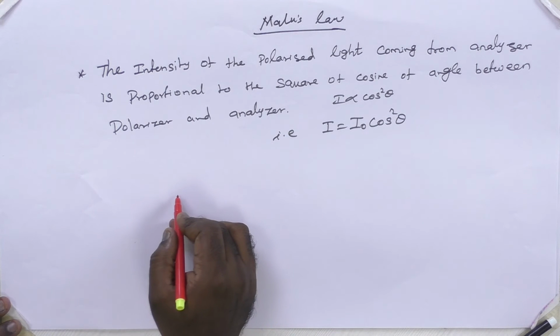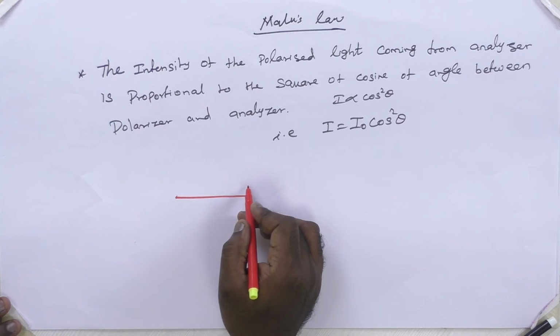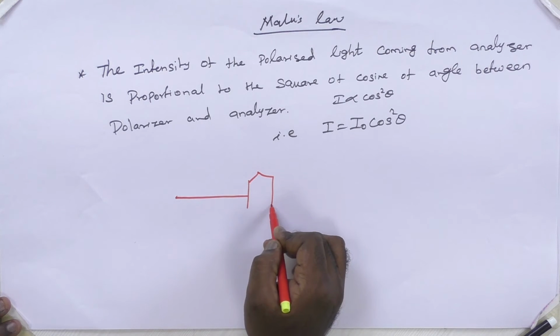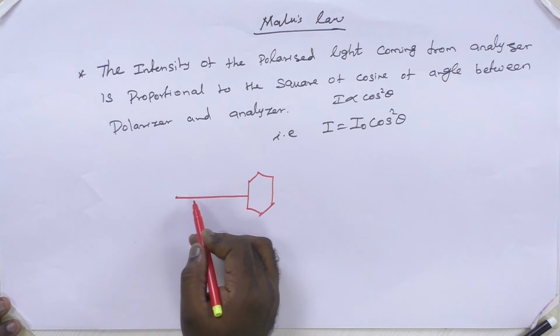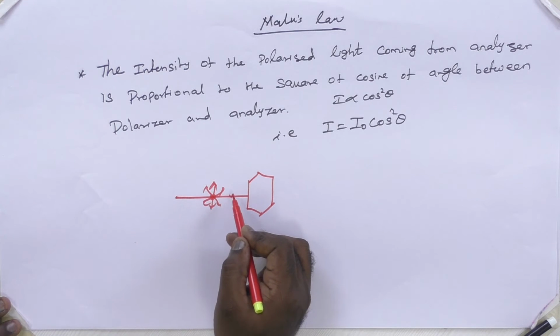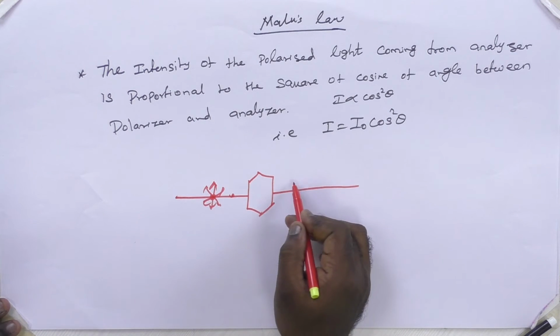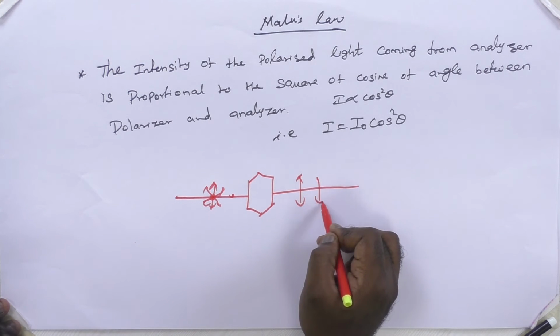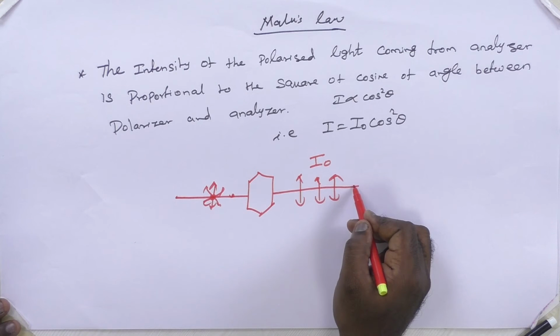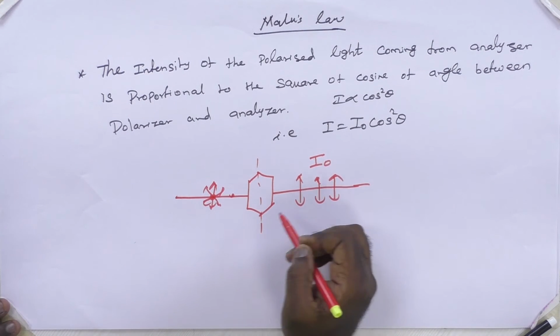Suppose for example, here we have a polarizer. This is unpolarized light of intensity I naught coming in. After the polarizer the intensity is reduced. This is the transmission axis.